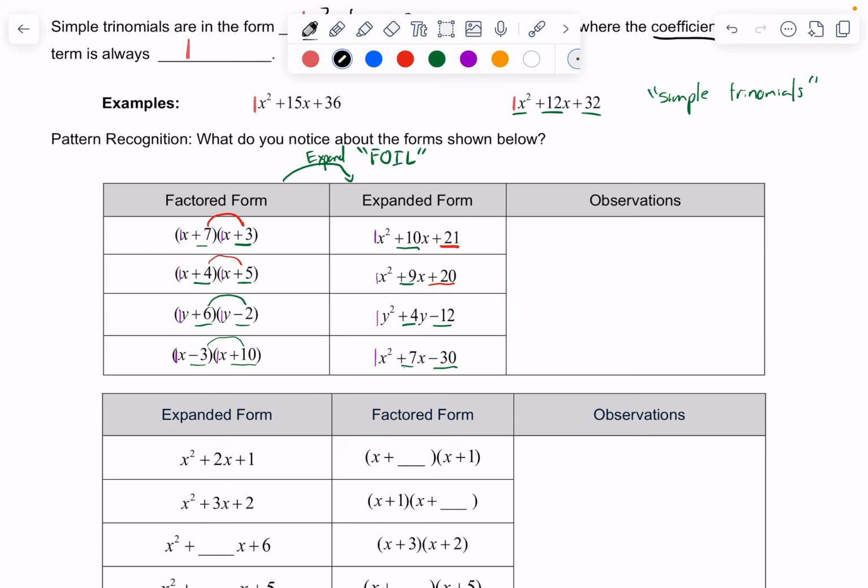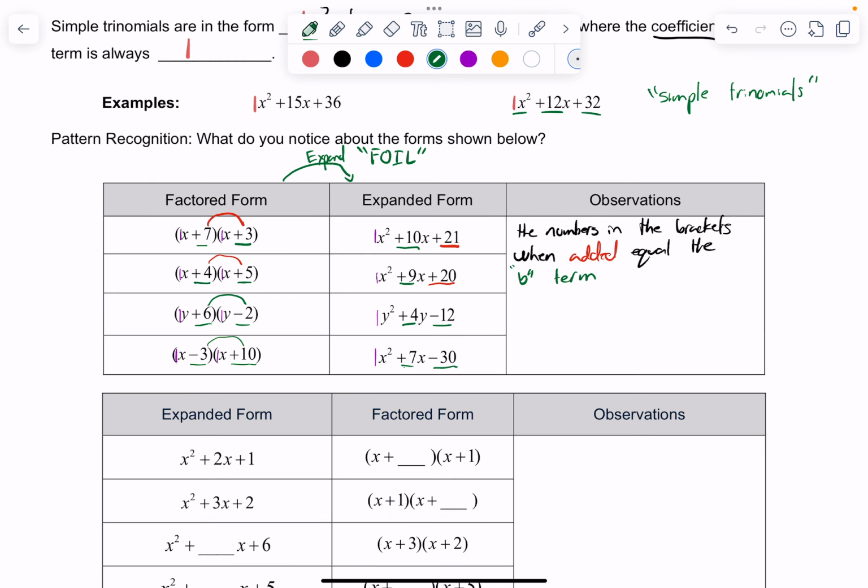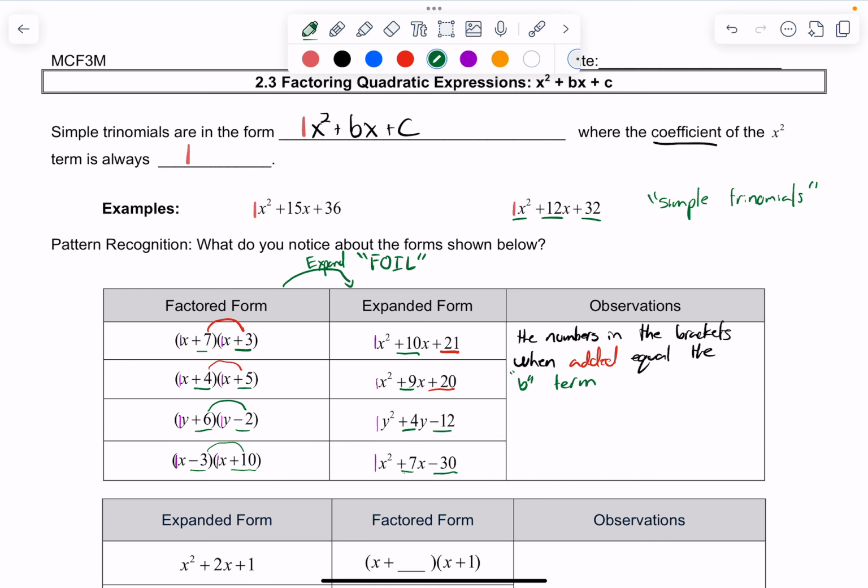So the observation, all right, well, we see that the numbers in the brackets, when added, equal the b term. And the b term in an expression like this is that middle term. There's your b term.